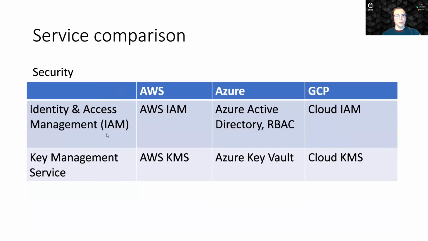In parts of security, every cloud works with identity and access management, which is the IAM. Azure has the Active Directory, which it's inherited from Windows, of course, and there's role-based authentication in every cloud. It's the most important authentication out there. If you'd like to store secrets, like in your personal password manager, there's the Key Vault in Azure or the KMS, the key management service in the other clouds.